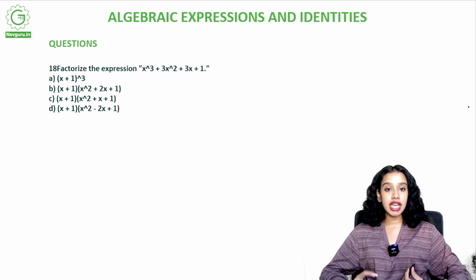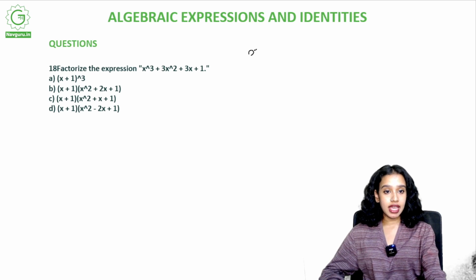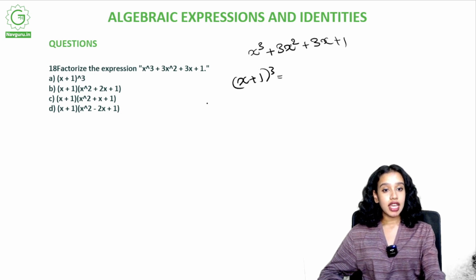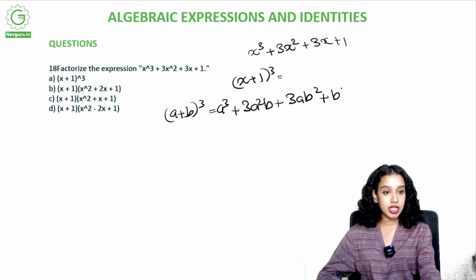Factorize the expression x cube plus 3x square plus 3x plus 1. So, we have x cube plus 3x square plus 3x plus 1. This is very simply x plus 1 the whole cube. Why? a plus b the whole cube is equal to a cube plus 3a square b plus 3ab square plus b cube.